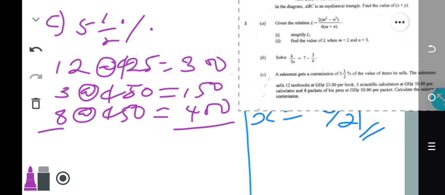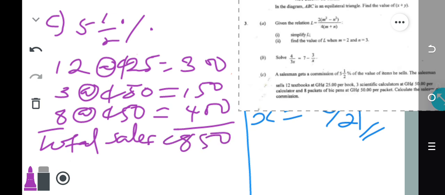And so the total sales will be equal to 300 plus 150 plus 400, and that is giving us 850 cedis.